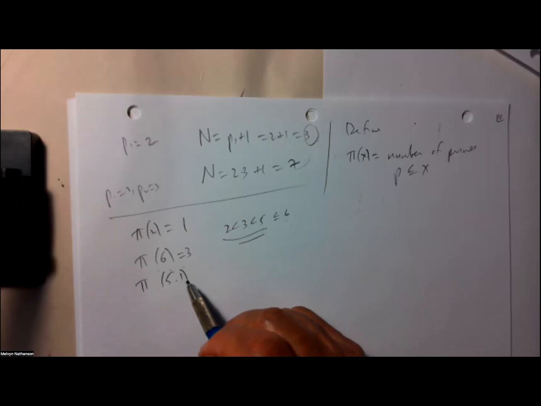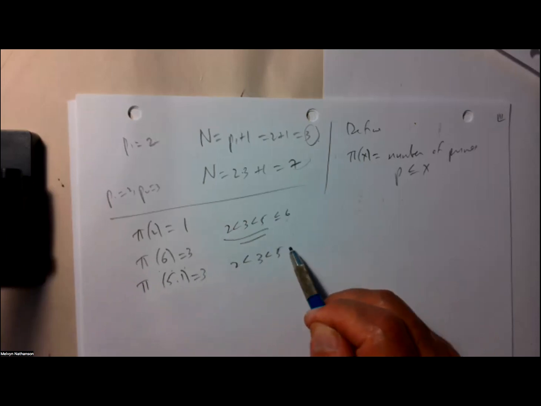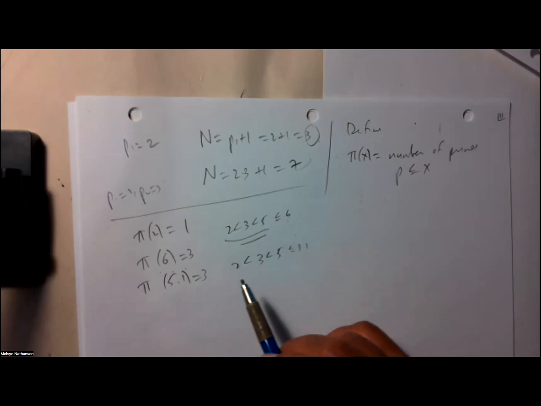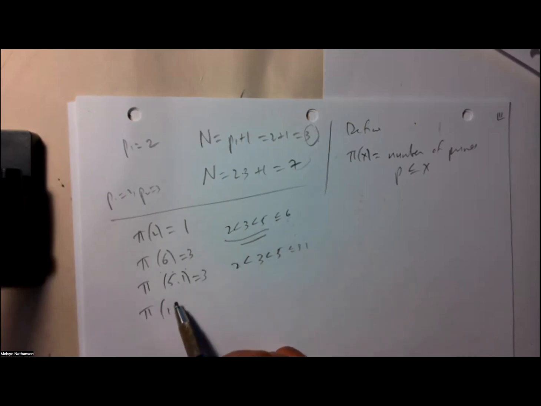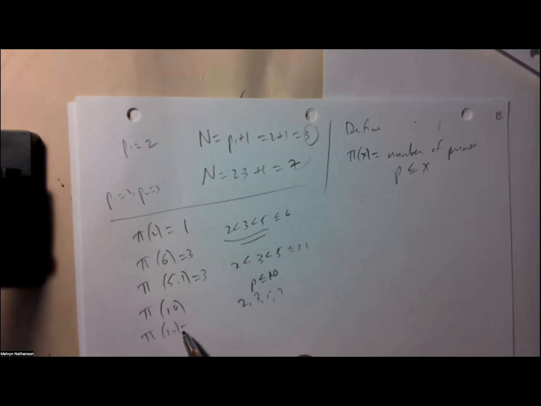Pi of 5.1 is also equal to 3. It's 2 less than 3 less than 5 less than 5.1. What is pi of 10? So you look for primes. What are the primes less than or equal to 10? 2, 3, 5, and 7. So pi of 10 is equal to 4.